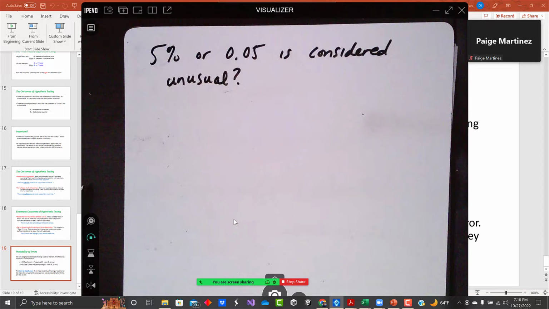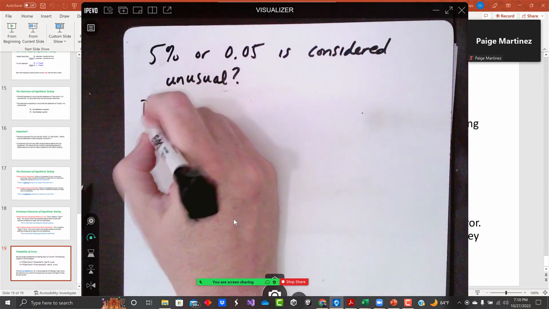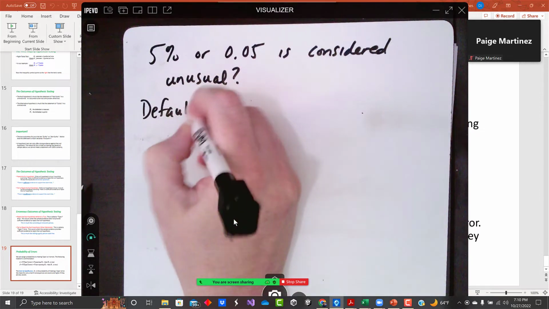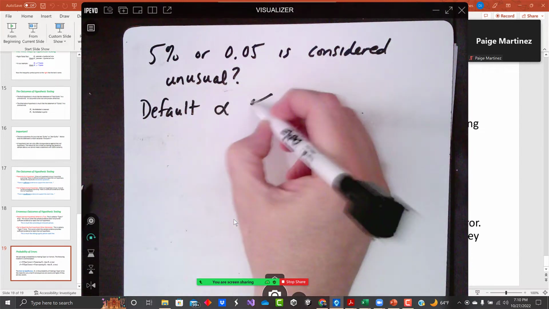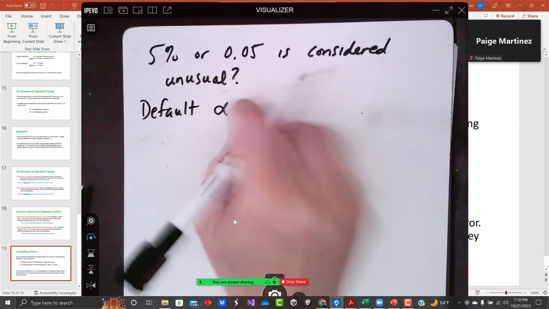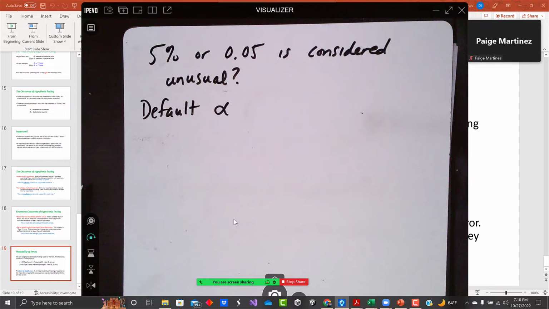This is the default alpha we use. That's alpha. Maybe I'll write that up here, in this color.